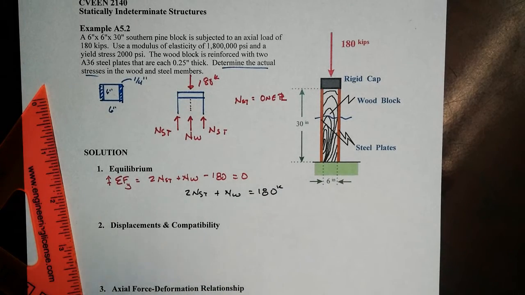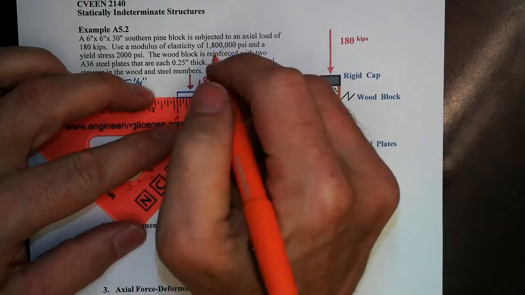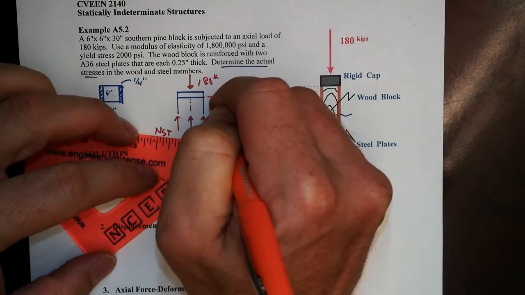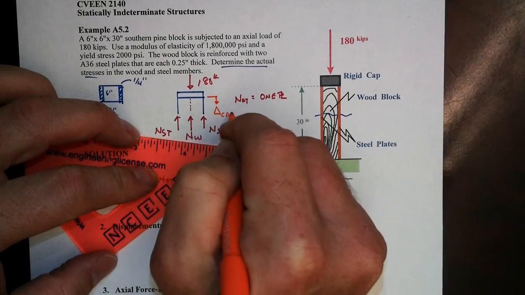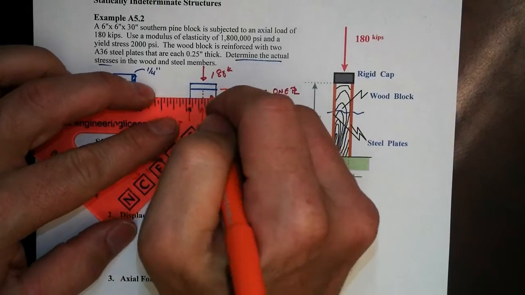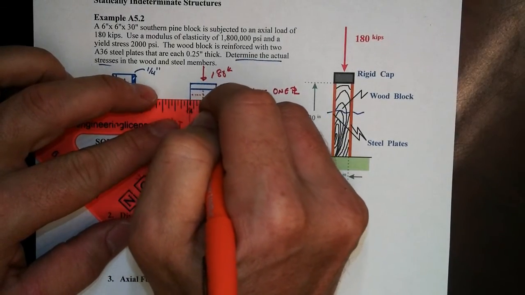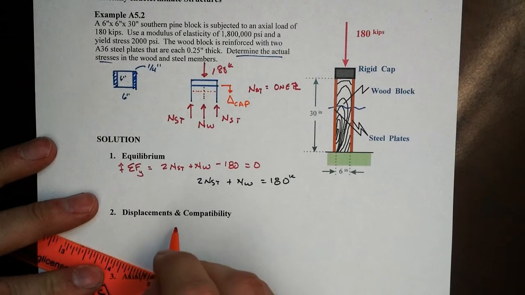Right, now, in terms of displacements, note that when we say a rigid cap, that means there's no bending in the cap, and since everything is concentric, when the cap displaces, it's going to displace downwards uniformly, and that's going to be exactly the same displacement as happens in the wood and in the steel.